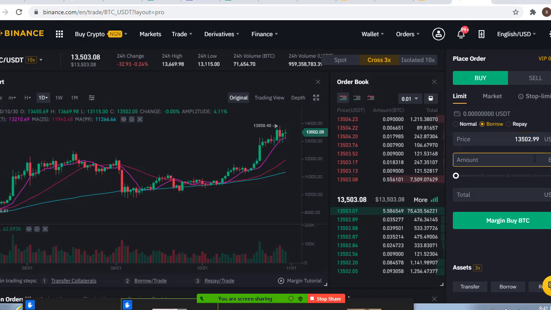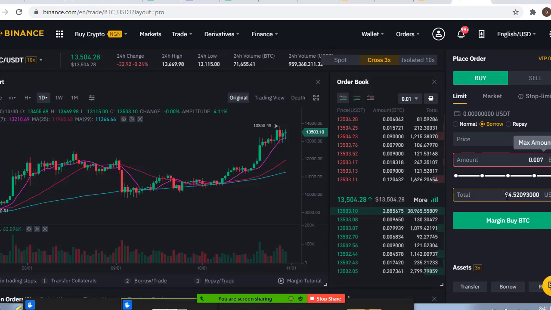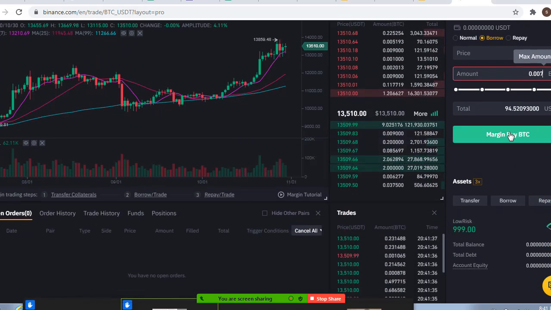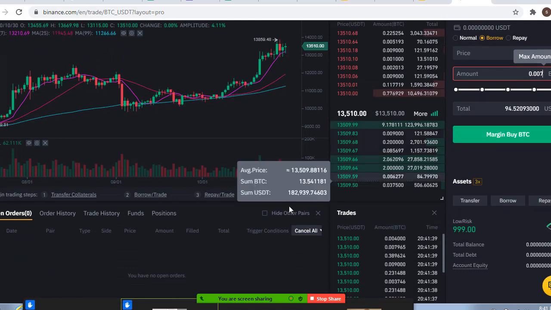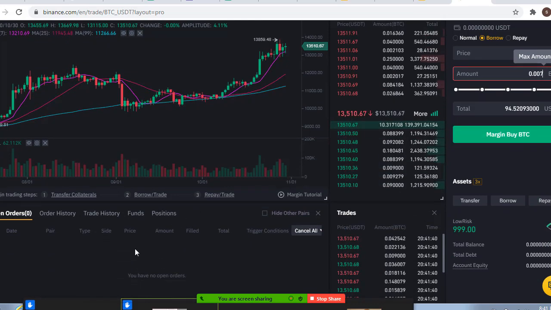This is the price. Put the amount of Bitcoin you want to buy. It will reflect. This is 940 USDT, and you place your buy. In this case, it is margin, so I wouldn't mind placing the trade. Once you place your buy, it will reflect in this section.